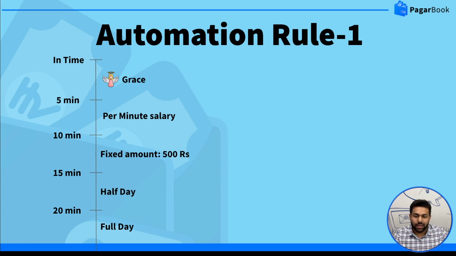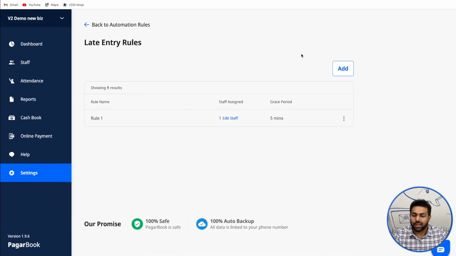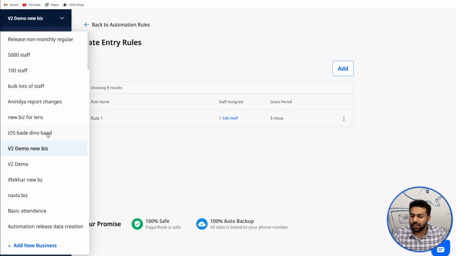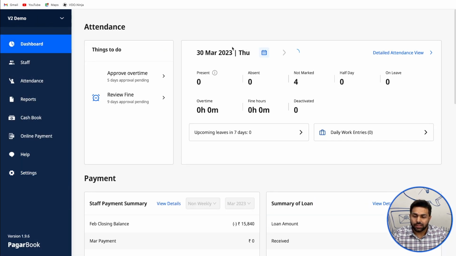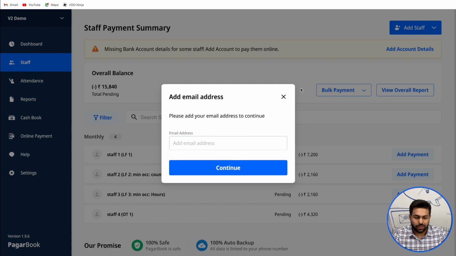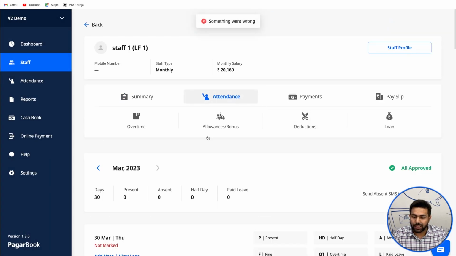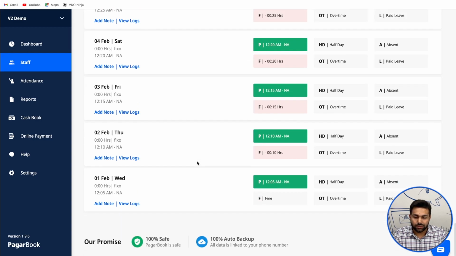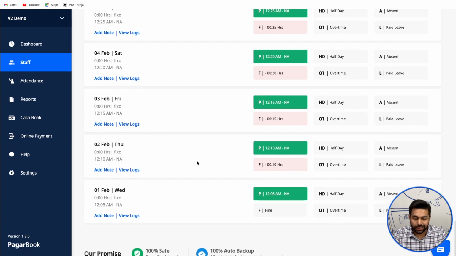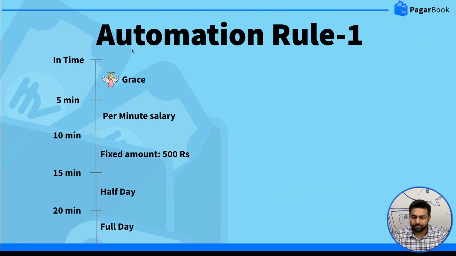Now to understand this, I will show you an example where my staff was late in a particular pattern. Let's suppose this is a staff and this is his attendance for the Feb month. You can see from 1 to 3, 4 and all in sequence.